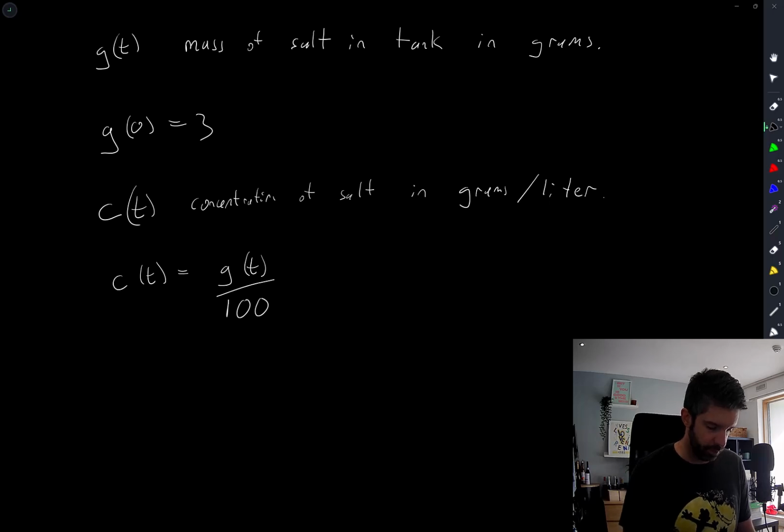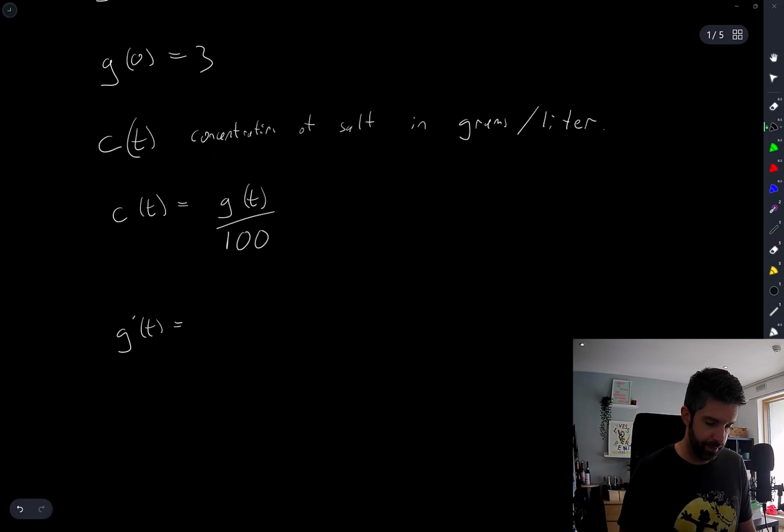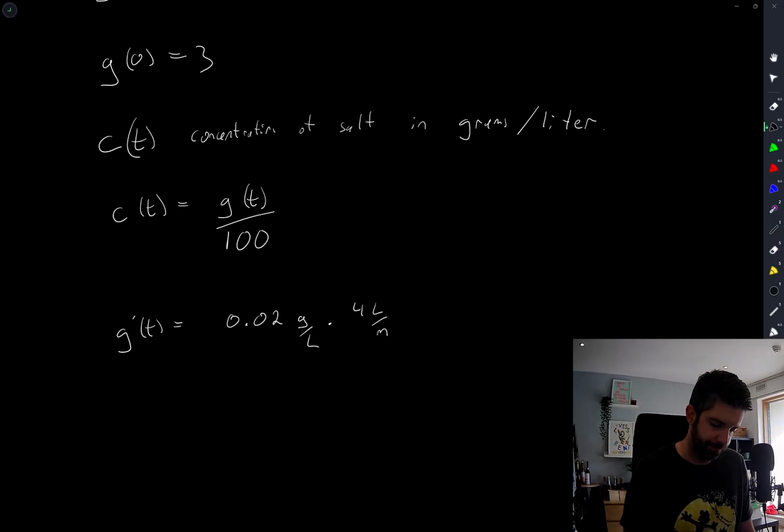Okay, so G prime of t. Let's compute the rate at which salt comes in. So we have 0.02 grams per liter times 4 liters per minute. So this is concentration per liter times number of liters per minute, and we get exactly a cancellation of liters and liters.